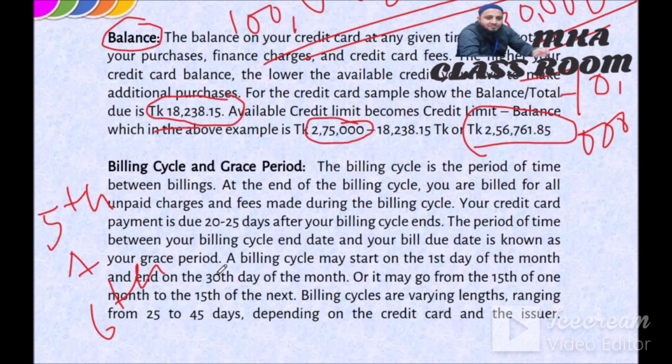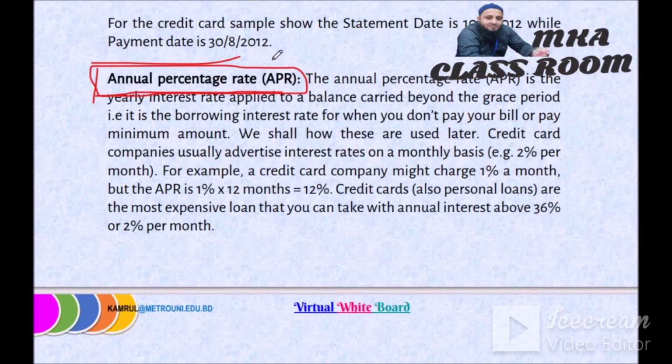After that, we will see the annual percentage rate. Generally, whenever you use the credit card, you have to pay by the due time. If you do not pay by the due time, then you have to pay interest. Basically in our country, you have to pay 2% interest per month.